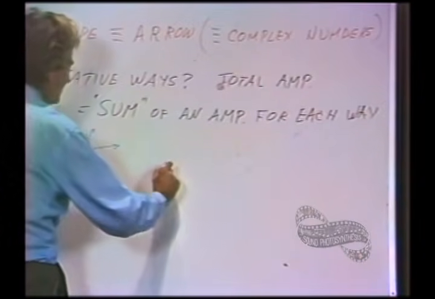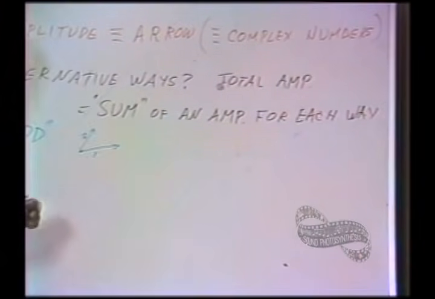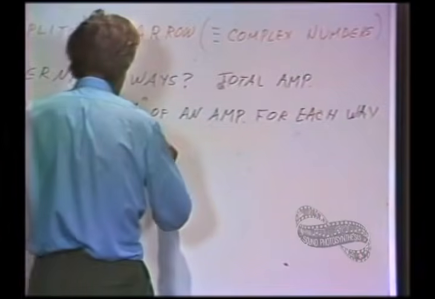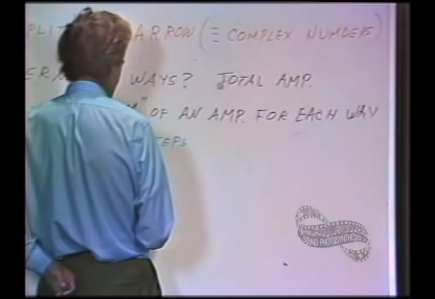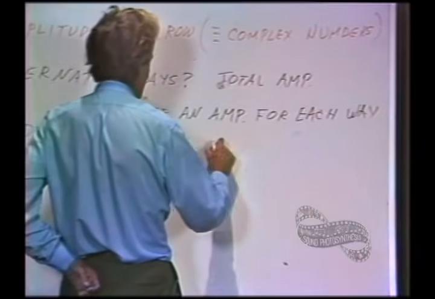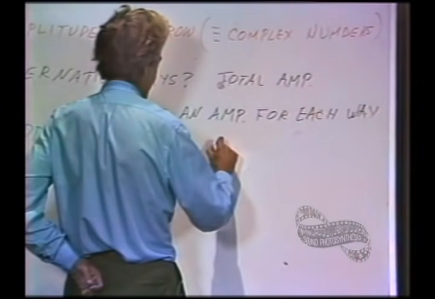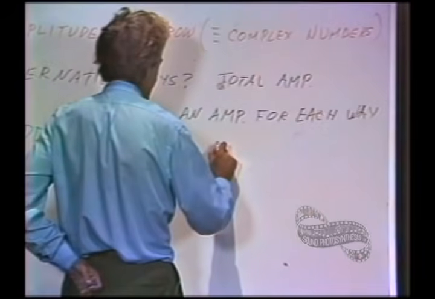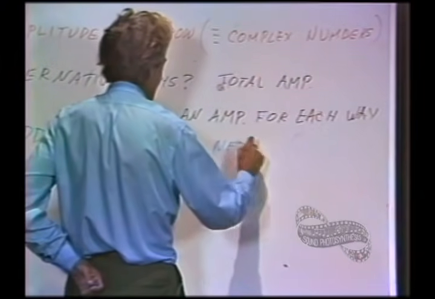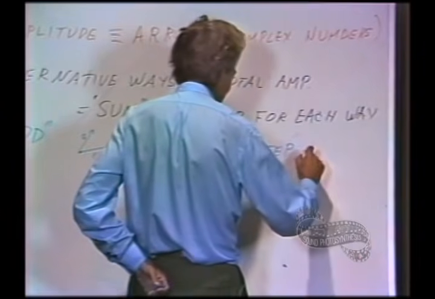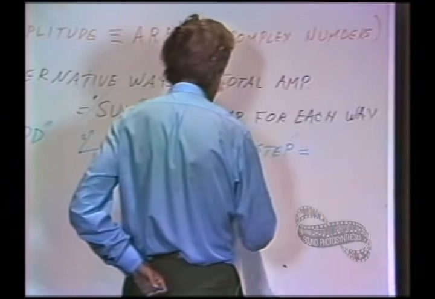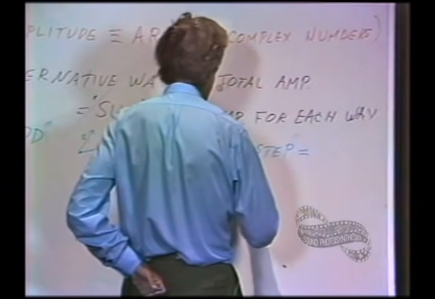The way of adding them is to think of them as steps. Amplitudes are like steps, and the sum is the total walk, so to speak, made by the steps in succession. Net step equal to the sum of the steps in succession. That's a way of speaking. Result of all the steps in succession.